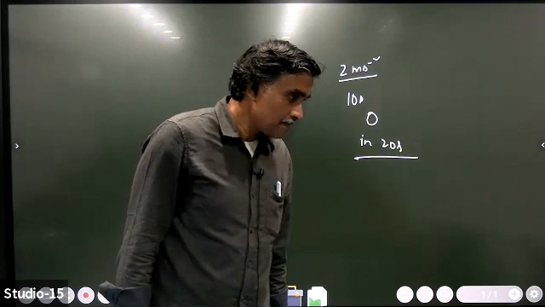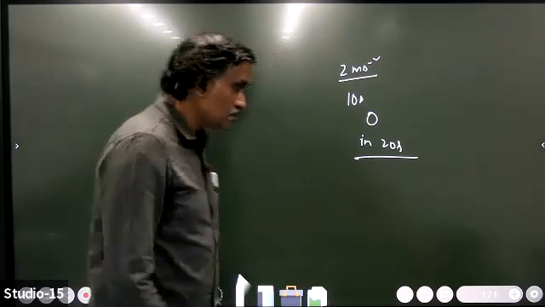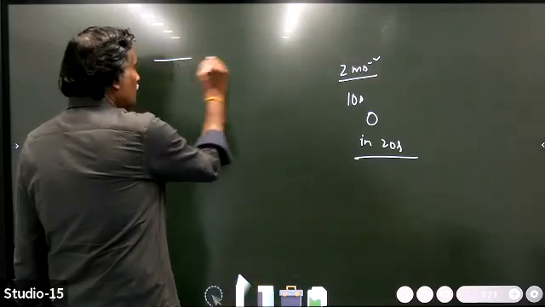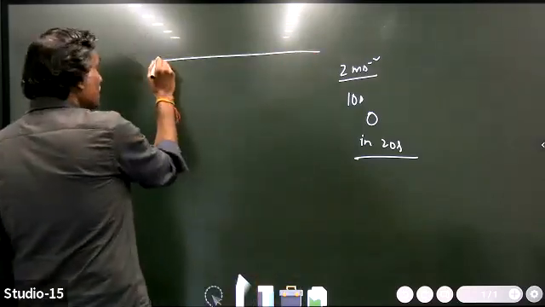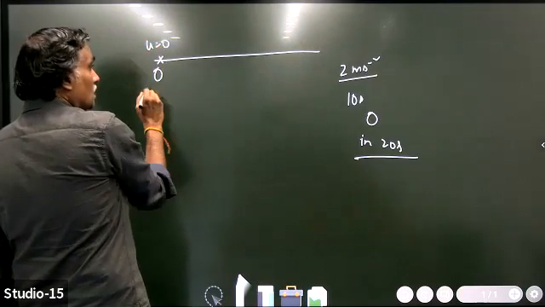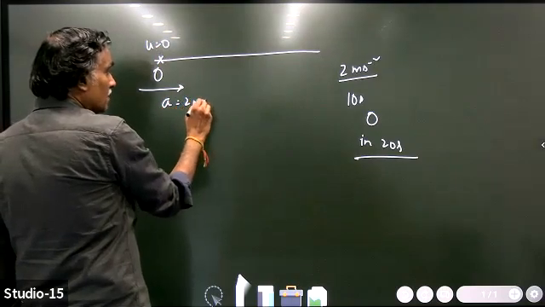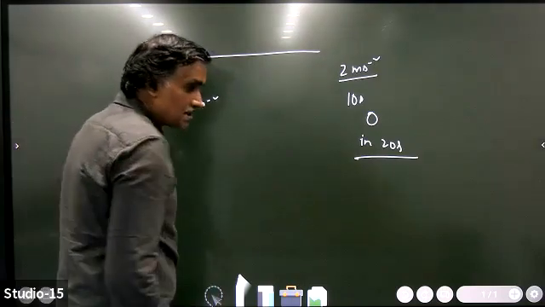Now, let us say initially it is at some point O. What is its initial velocity? 0. And what is the acceleration? 2 meters per second square. Acceleration is there for 10 seconds.